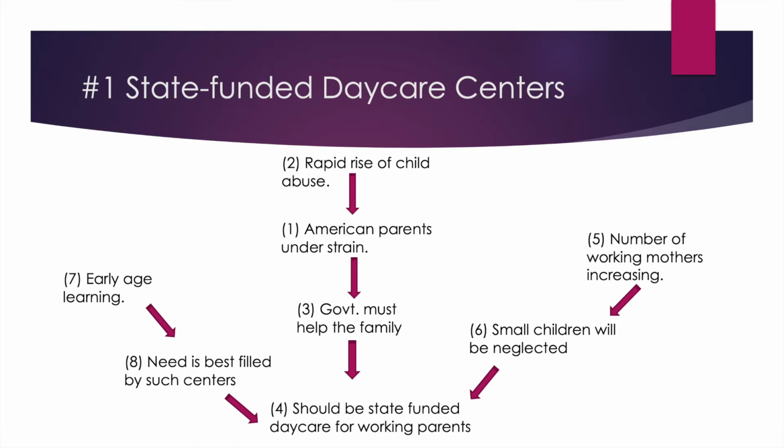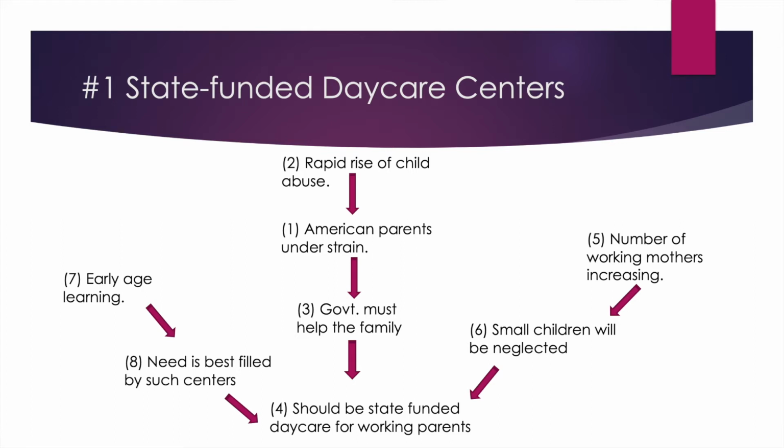And that in turn is a reason why the government must help the family. So that's a kind of general principle that's being articulated based on the evidence of 1 and 2, right? But then it goes further to the specific policy claim, which is in number 4. So we see that the assertions are rearranged.